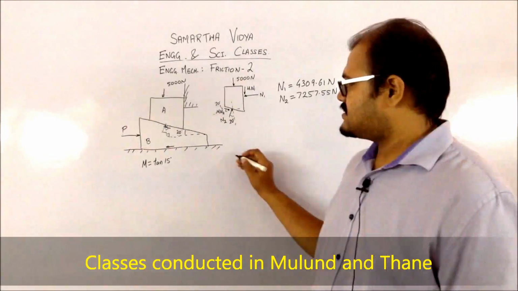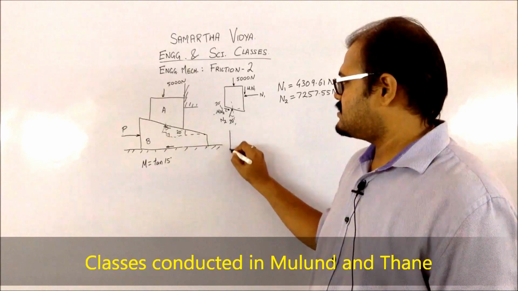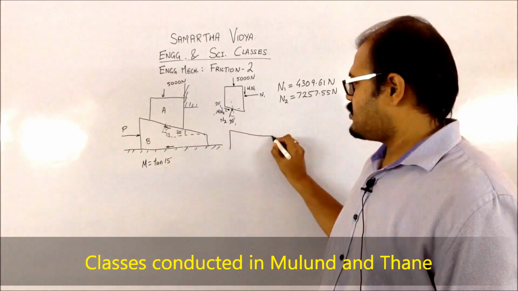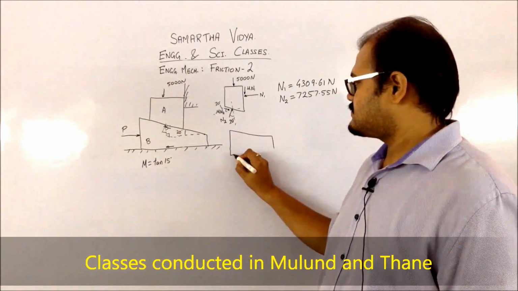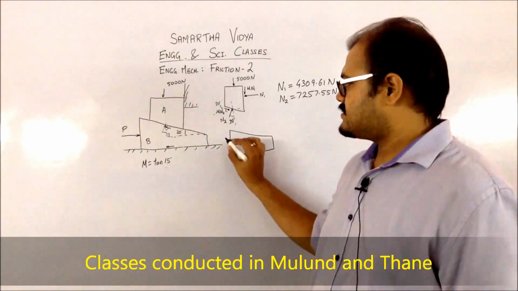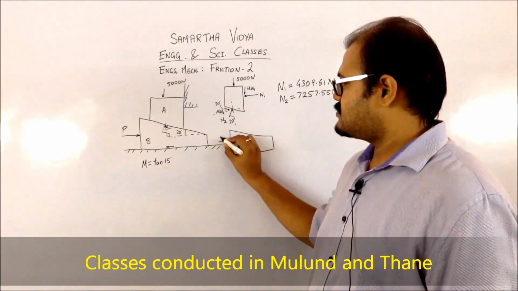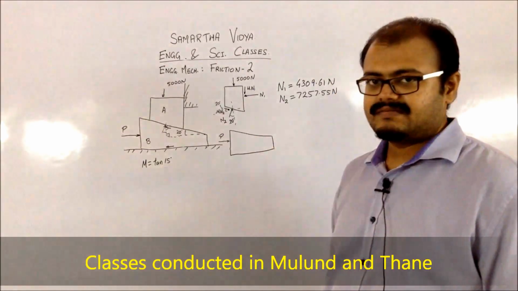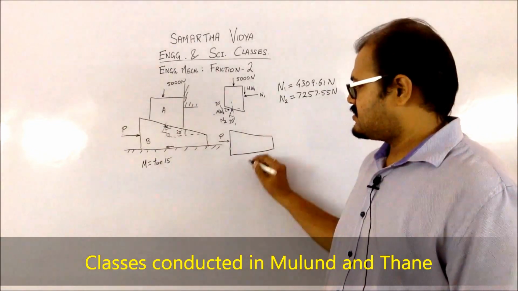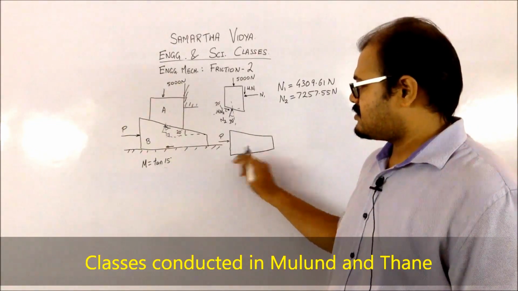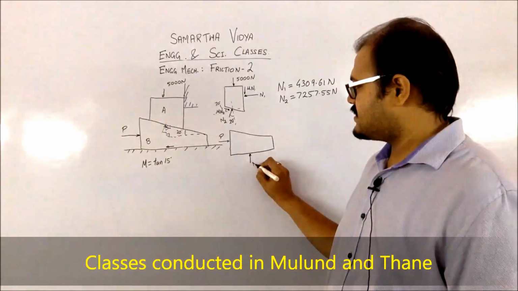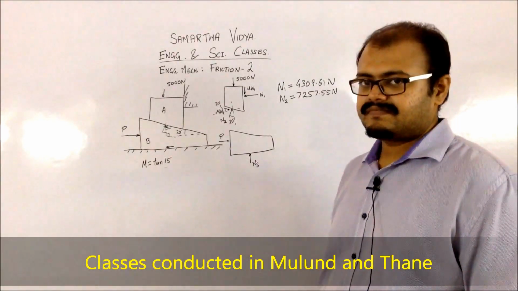of B. So let us try to represent the FBD of B. So this is my block B, which is present over here. There is going to be this particular unknown force P from this direction. Now there is going to be the normal reaction from this particular surface, so let us name that as N3.